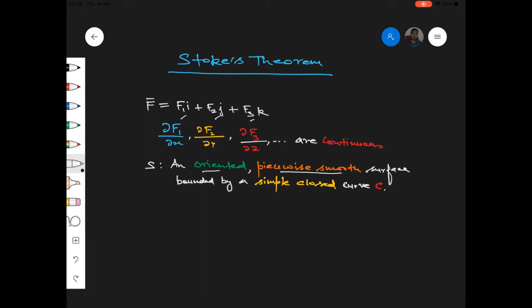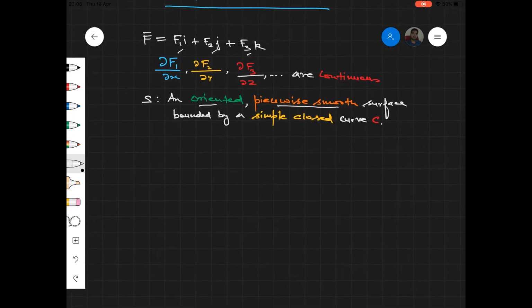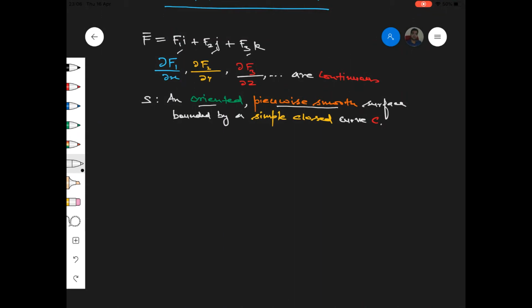Before we write the expression for the Stokes theorem, first let us understand the nature of the surface we require, which will be applicable in the Stokes theorem. So let us take an example. Suppose this is our three-dimensional coordinate system. This is say x-axis, this is y-axis and this is z-axis.